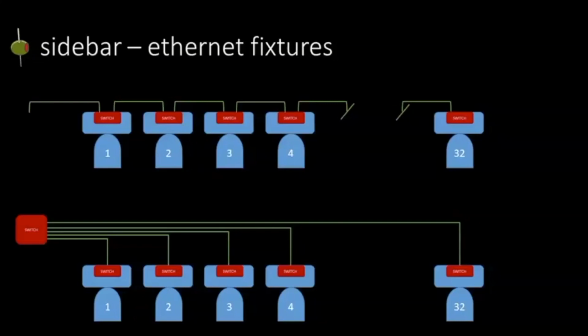DMX is still really great. Like I said, we call it the last mile protocol. What we like to do is put network in every location that we can get it, knowing that we can break it out to whatever we want it to be that day. So I can slap a gateway on, and now I've got 2 or 4 universes or whatever that allow me to go up to 1,600 feet and up to 32 devices from that location.